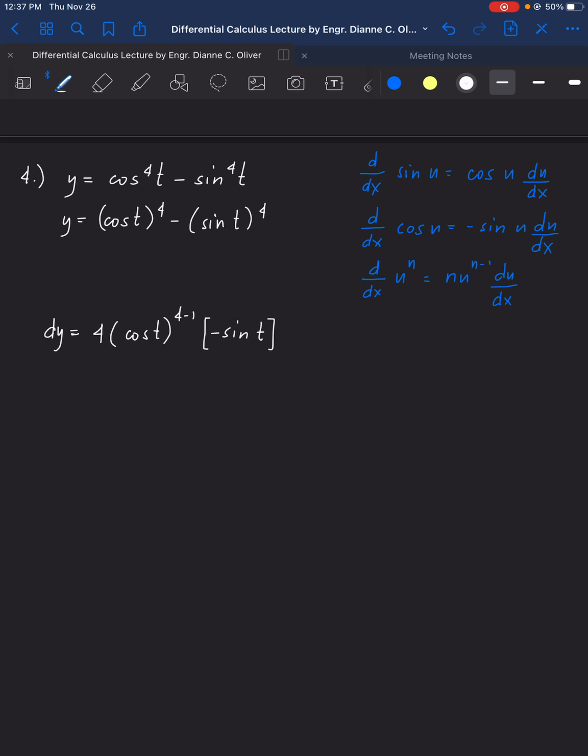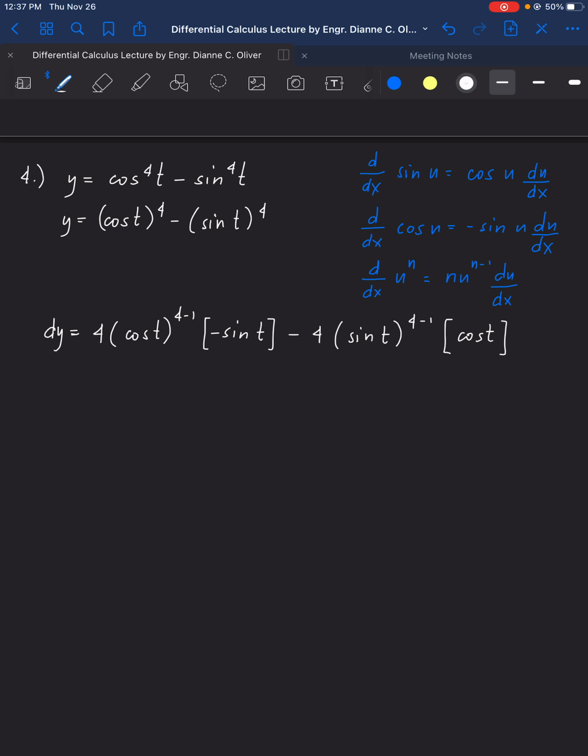Then, we're not done yet. We have minus. How about this portion? Bring down 4. Copy sine t. 4 minus 1. Then, derivative of sine t. Cosine t.